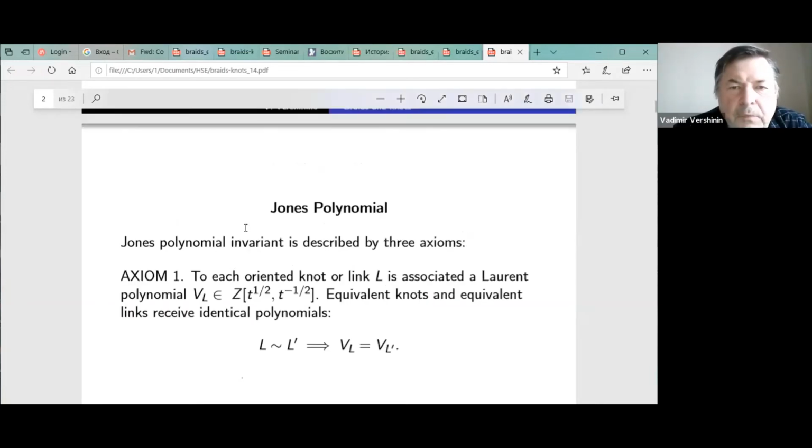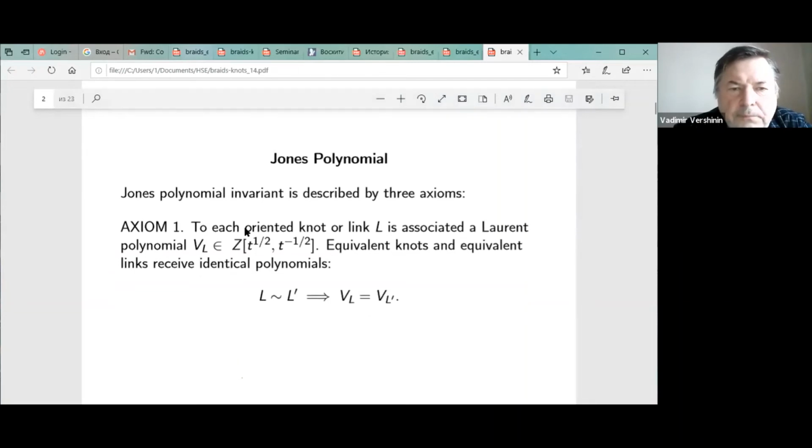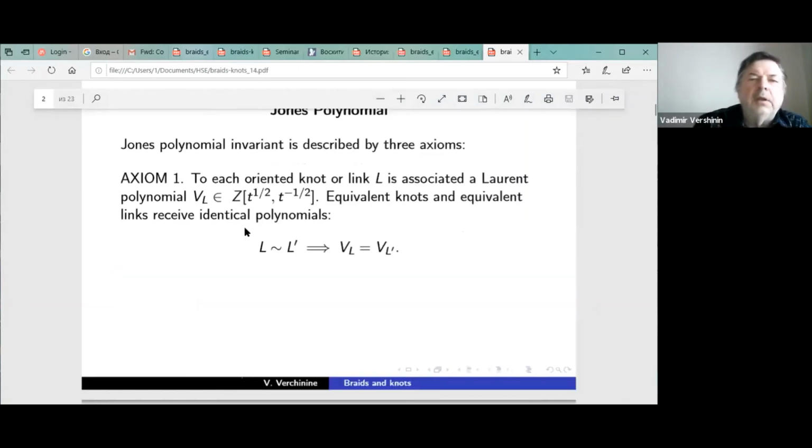So, Jones's polynomial. It was first constructed by Jones using the Markov theorem.